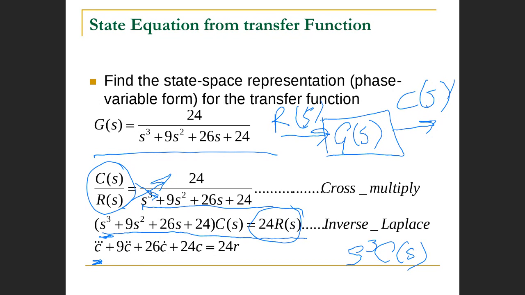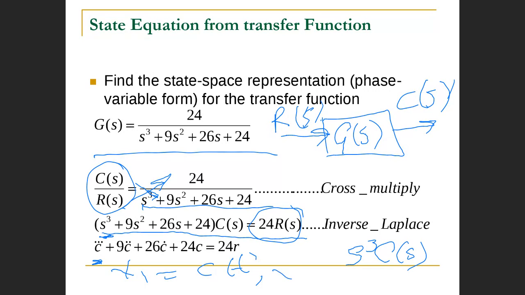You would take the output as the first one, and you would have the 3 minus 1 derivative of that output. So you're choosing the output as the first one. What is the output variable? Correct. Therefore, you would have selected x1 equal c of t.